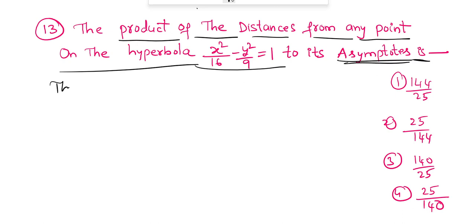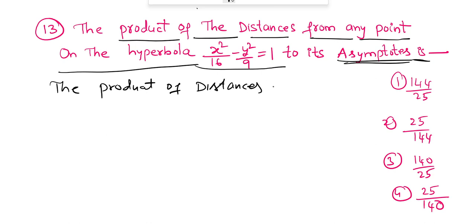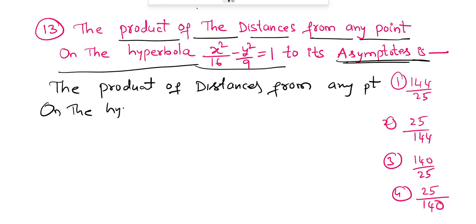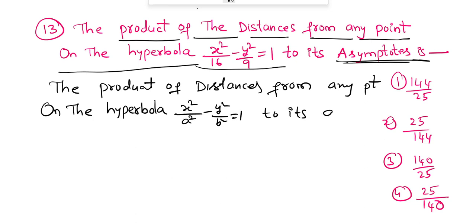So this is the formula: the product of distances from any point on the hyperbola x square by a square minus y square by b square is equal to 1 to its asymptotes is a square b square by a square plus b square.